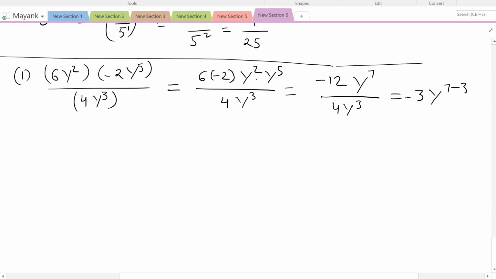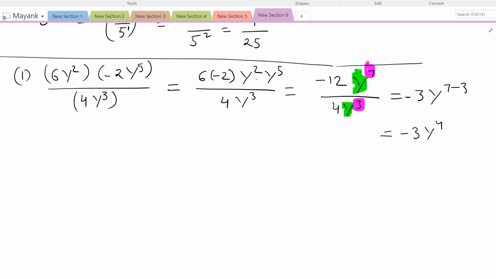Your base is, in both cases, y and y. Whenever your base is same, you subtract the powers. You subtract them. Good? So what is your answer? Negative 3y4.